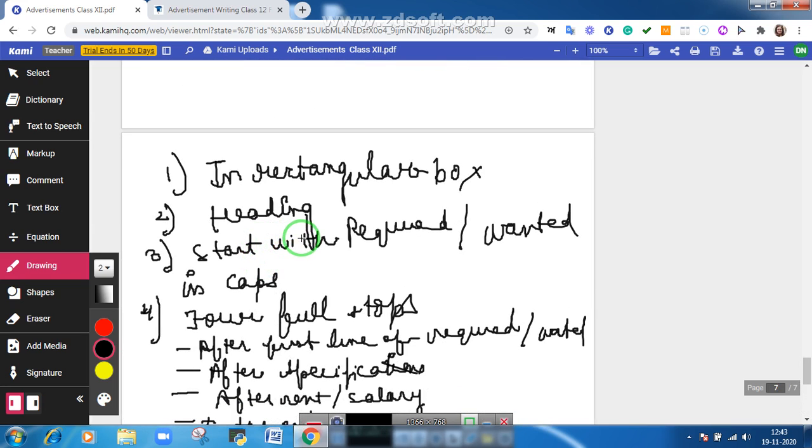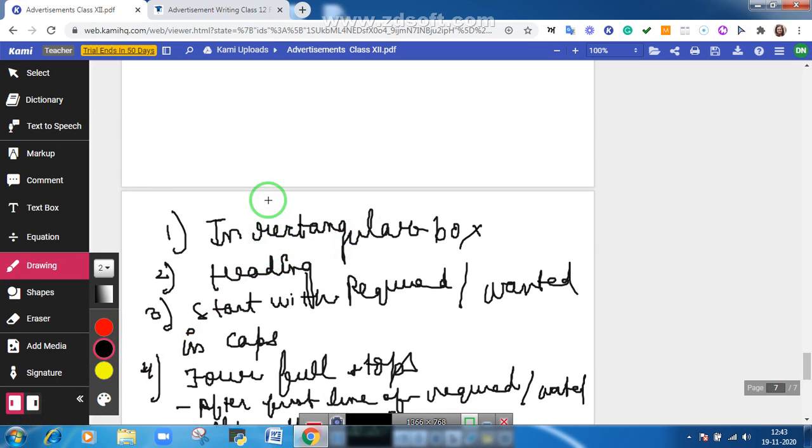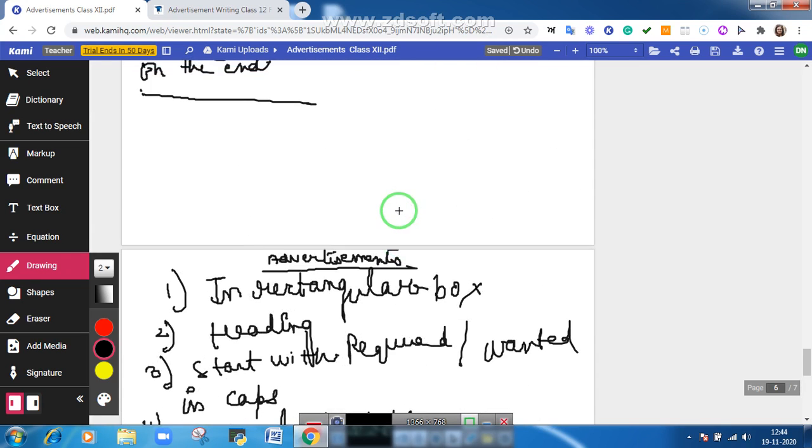Okay, so here I am putting in brief advertisements, and these are the specifications. You have to learn them and write them down. Okay.